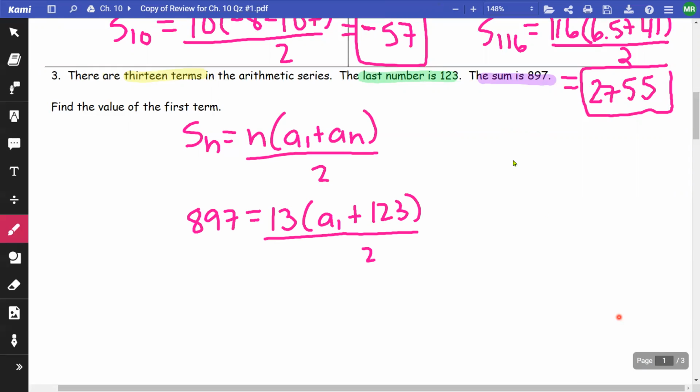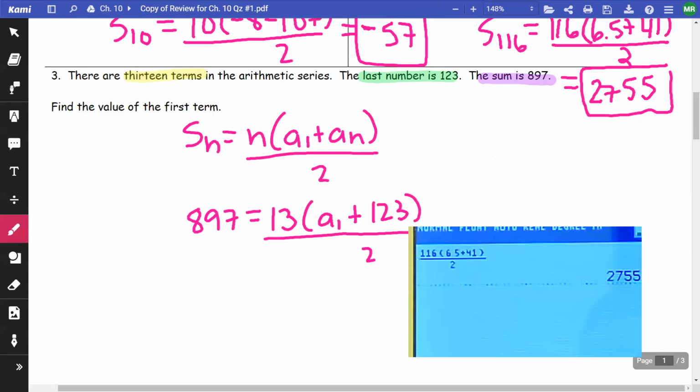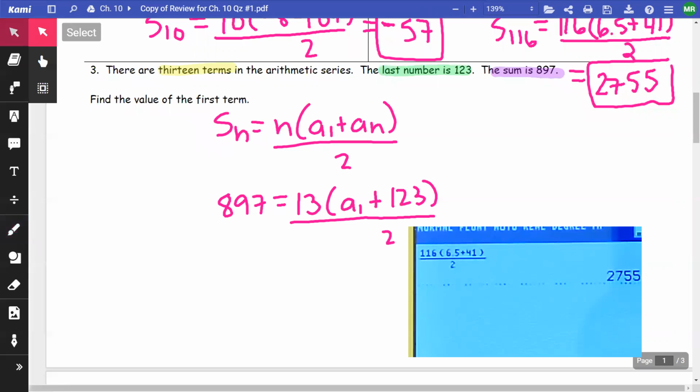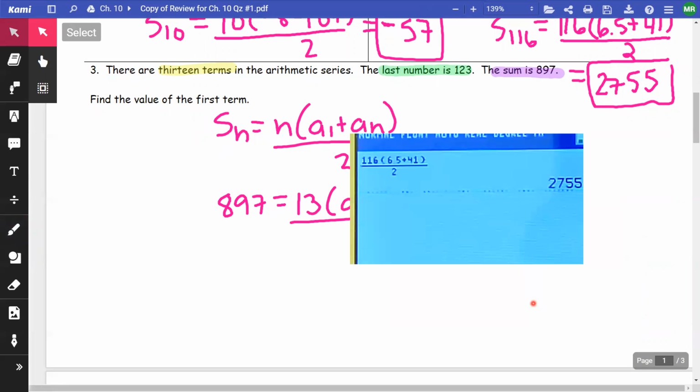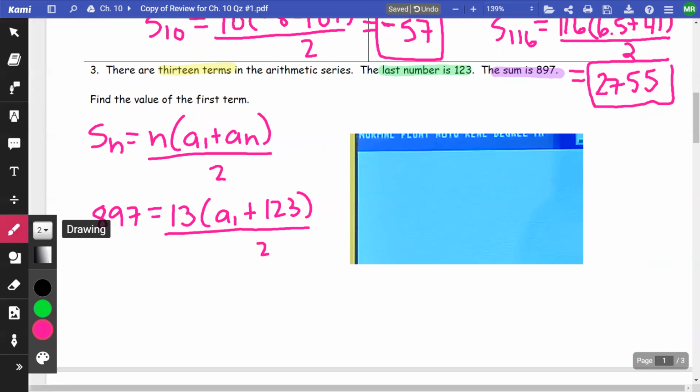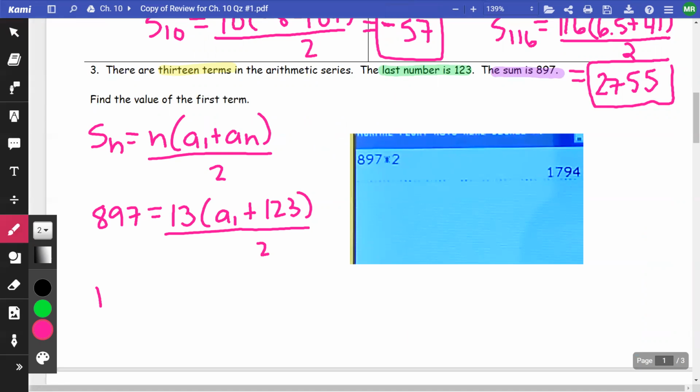So what I'm going to do is take 897 times 2. And so I get 1794 is equal to 13 times a1 plus 123.